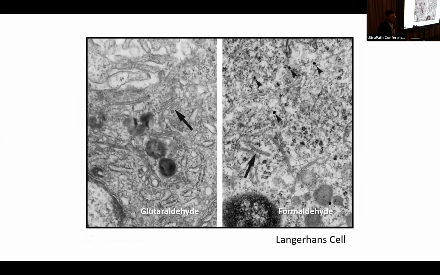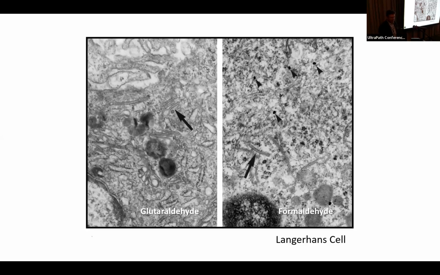And then a quick word also about the variable effects of fixation. We're going to have a nice talk later about what we can do with suboptimal tissue, with paraffin extraction and that sort of thing. But as a nice example here, the standard glutaraldehyde fixed tissue, of course, gives us the best preservation and best fixation.